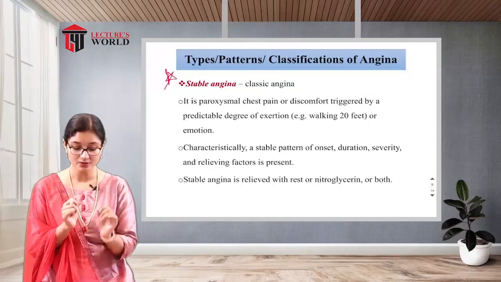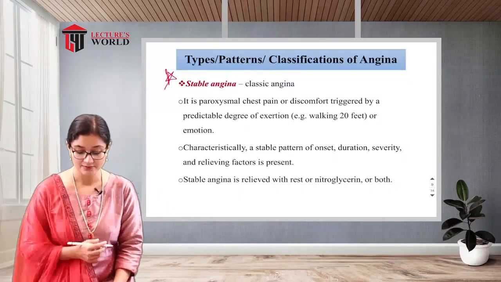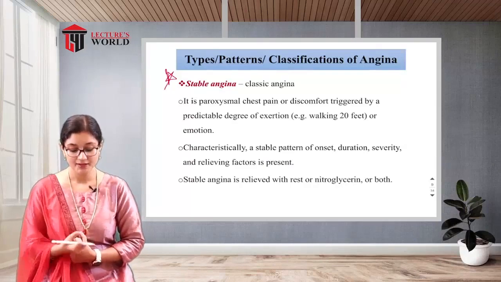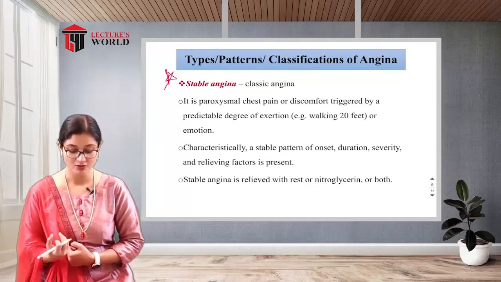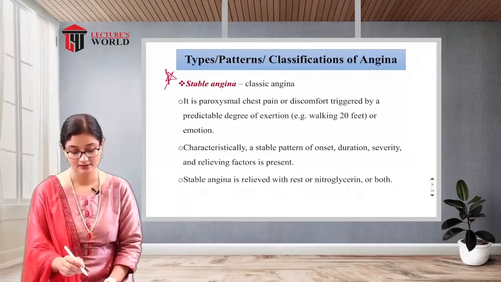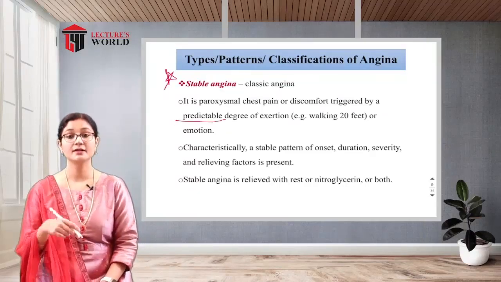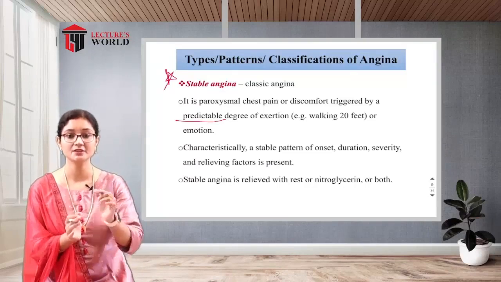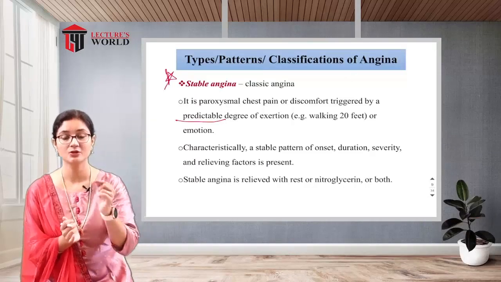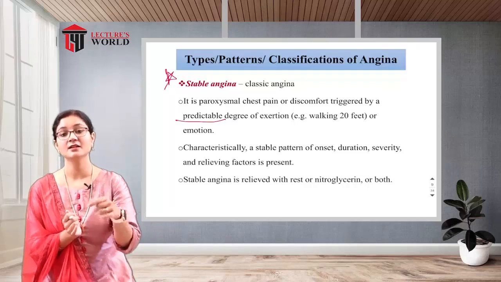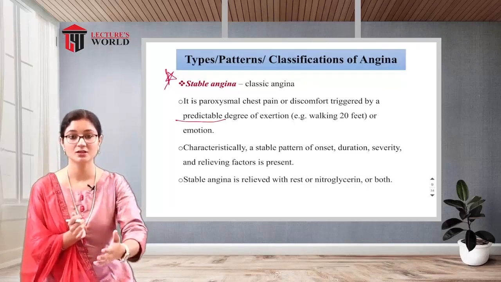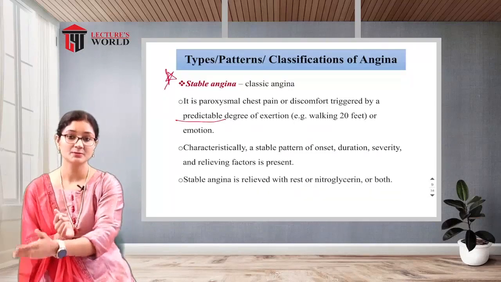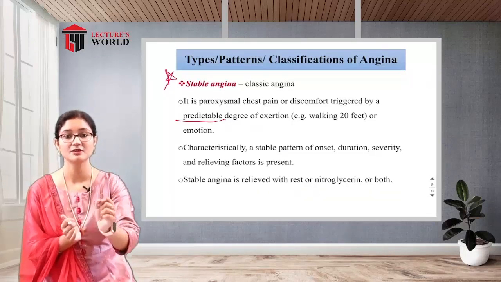So here, what is stable? It is a paroxysmal chest pain or discomfort triggered by a predictable degree of exertion or emotion. First let us understand what is predictable. I can predict that if this person walks for at least 15 minutes, almost from his home to this particular shop, he can develop chest pain.